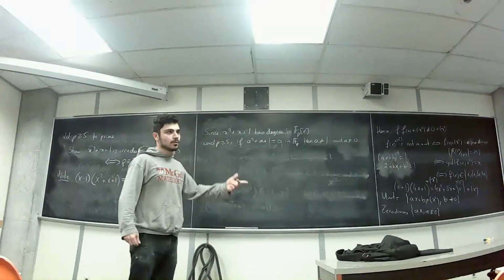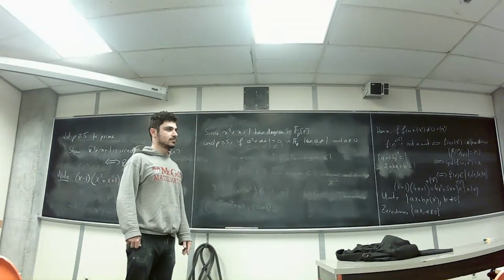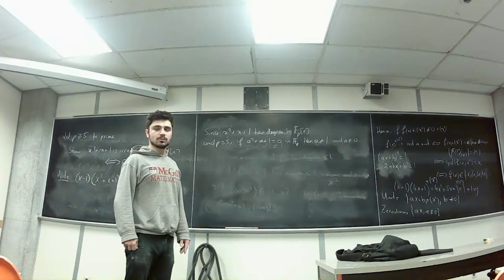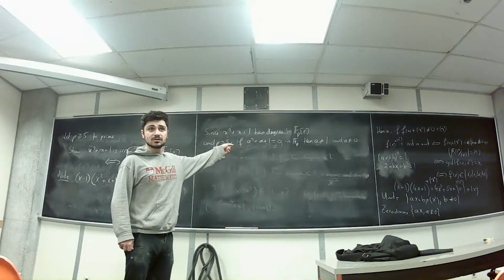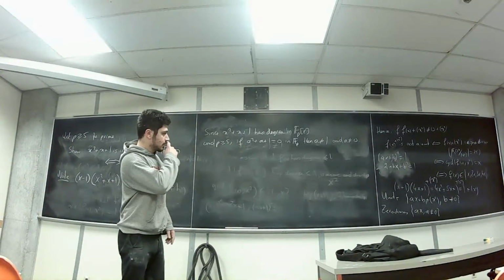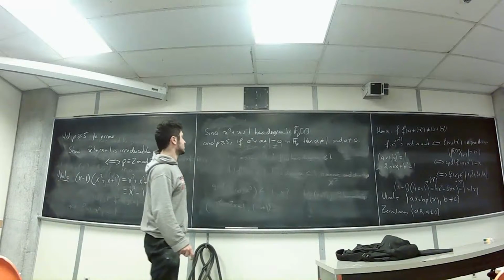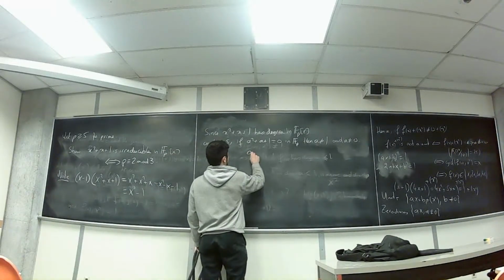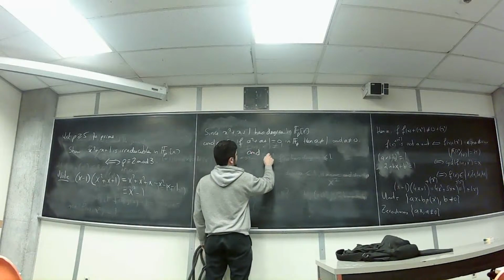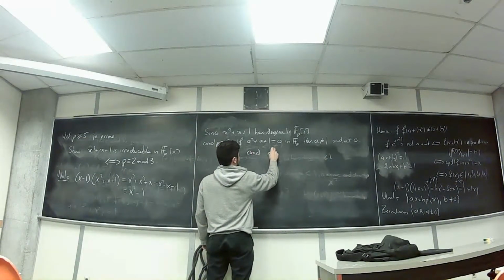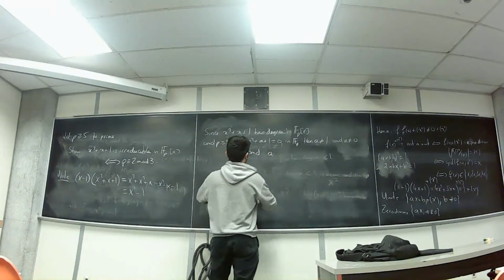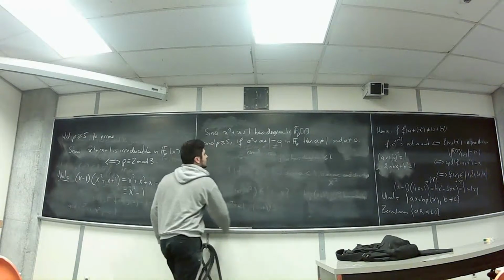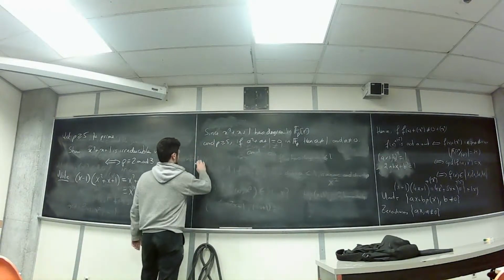Right? Because 0 plus 1 is not 0. Can a be 0 and satisfy this? No. Okay. If a is correct, then a is different than 1, different than 0. Good.